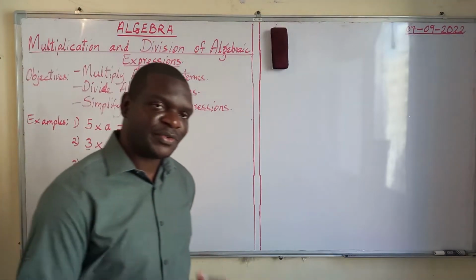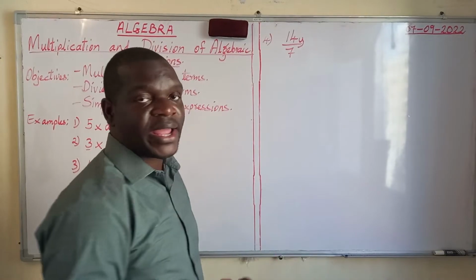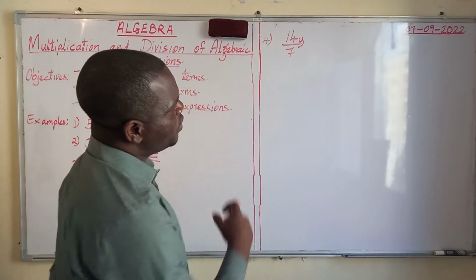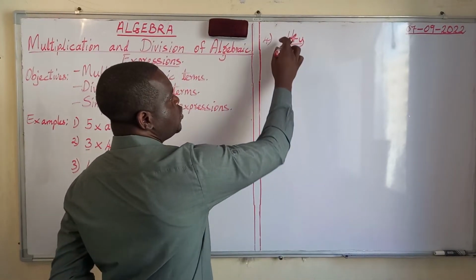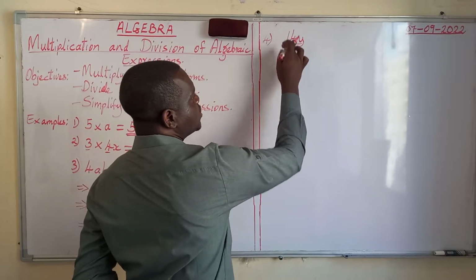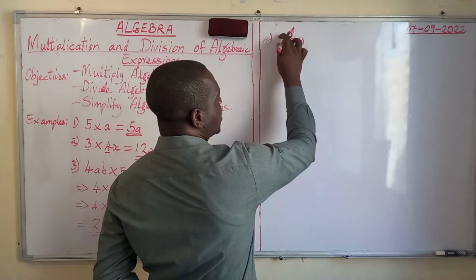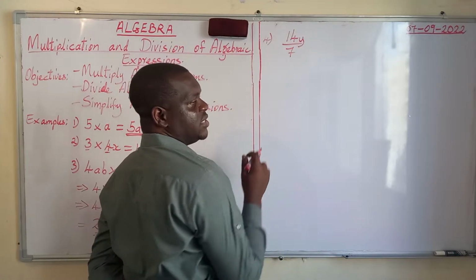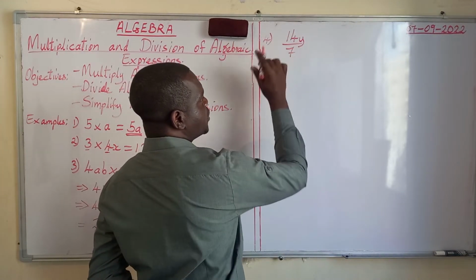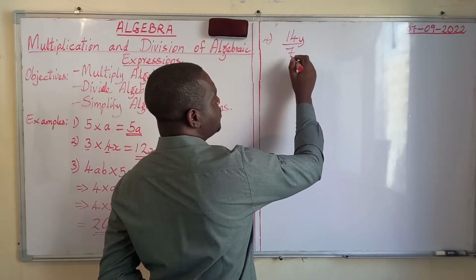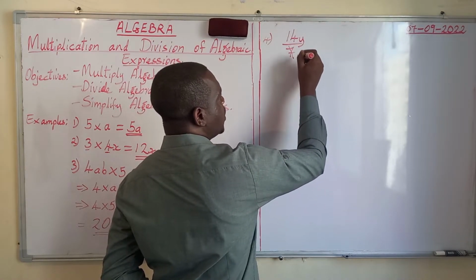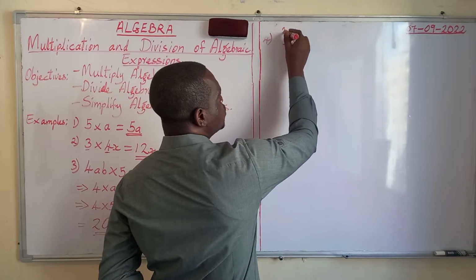Let's look at the fourth example. 14y all over 7. What do we do as far as this is concerned? You simply divide or simplify the whole numbers and maintain your unknown. If you look at this, 14 and 7, 7 is a factor of 14, so 7 can divide 14. 7 divides itself 1 time and divides 14 2 times.